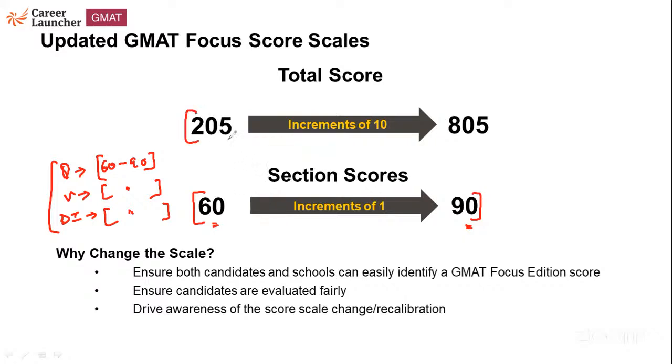The overall score starts from 205 and goes up to 805 with an increment of 10. So you'll be getting 205, 215, 225, something around that, and last 805. So that's an increment of 10.